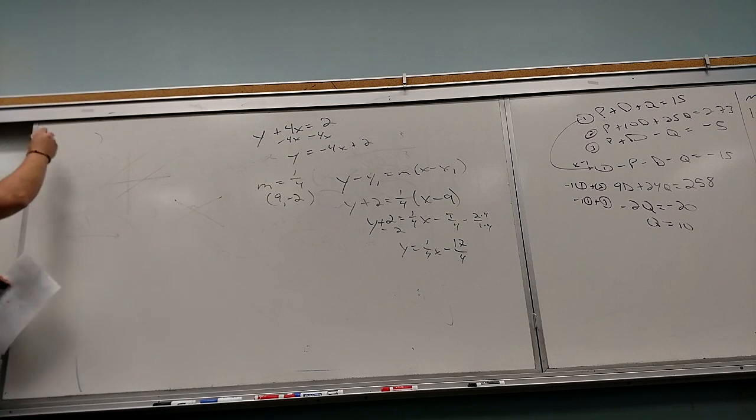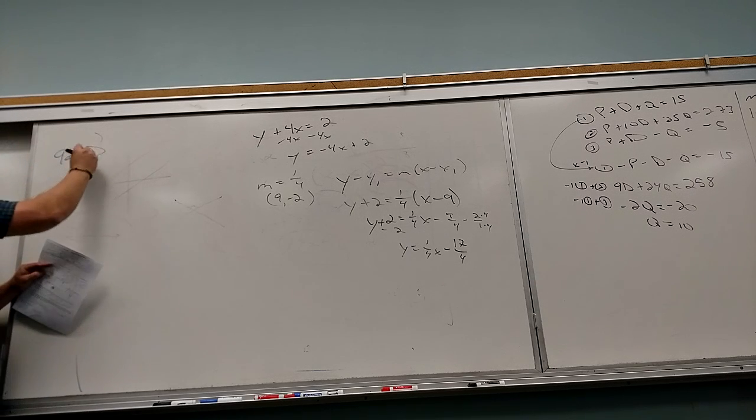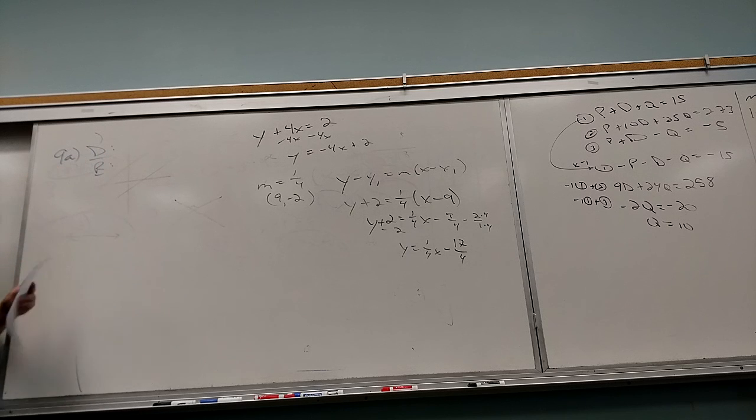So 9a, is that a function? And how can you tell? Or actually, let's start with domain and range. 9a. This is interesting. People get a little confused with this, but remember, what does domain mean? All the x values that have outputs.